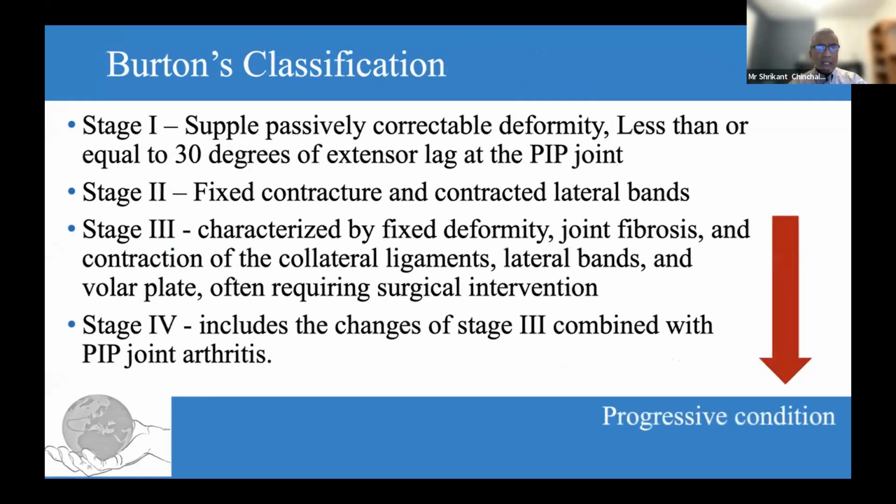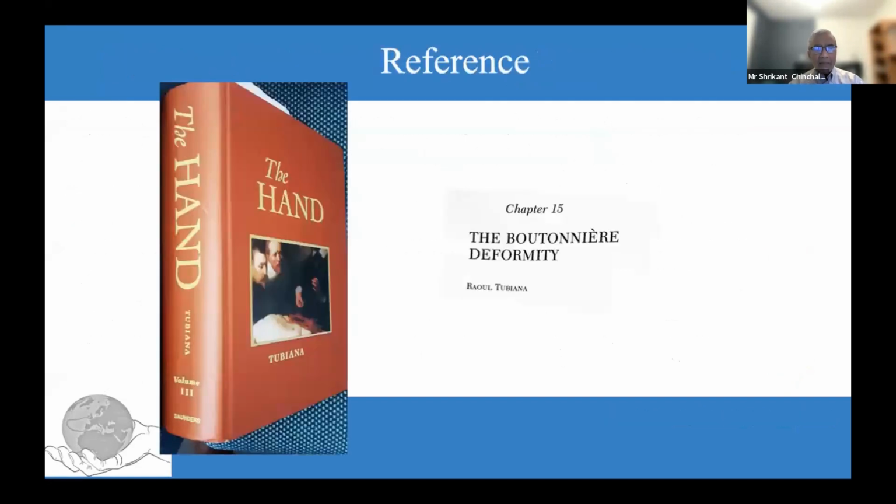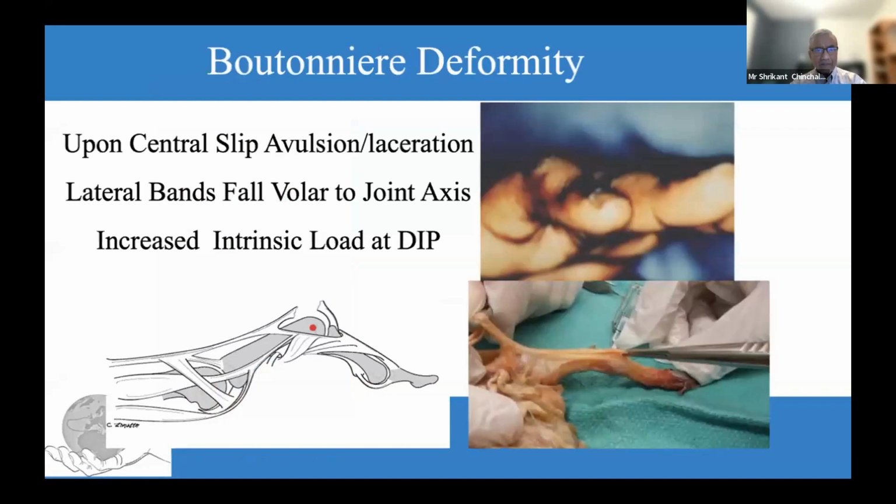Burton also introduced a classification which is somewhat similar to what Tubiana had. So again, I'm bringing volume 3 to everybody's attention. That's an excellent book which has a beautiful description of Boutonniere deformity and the management point of view as well.